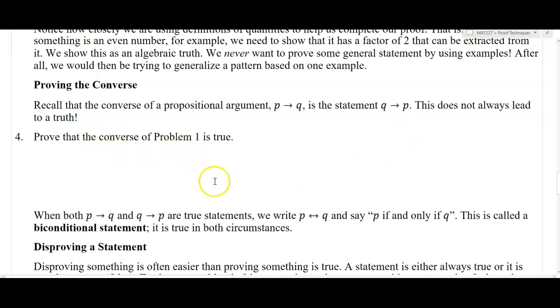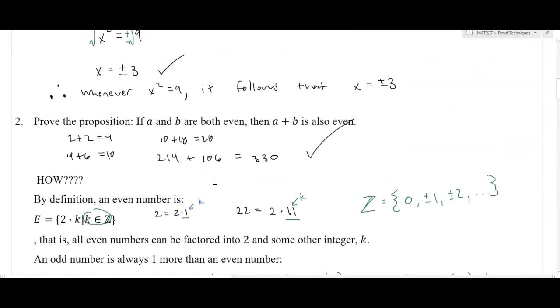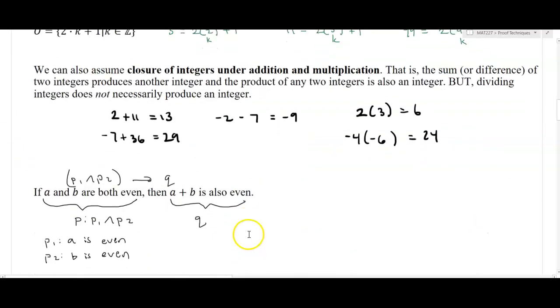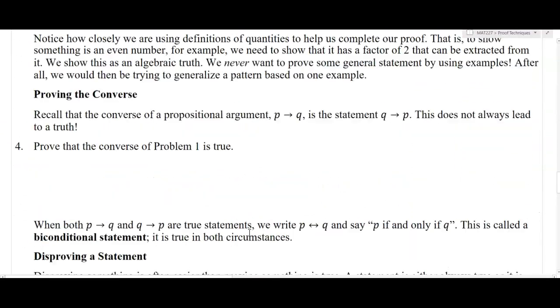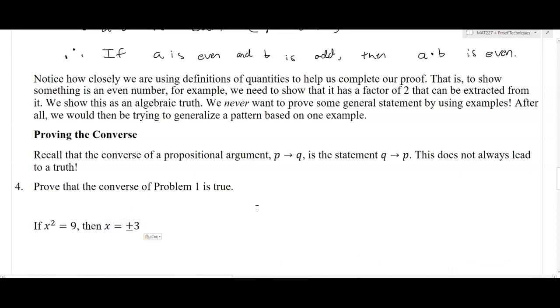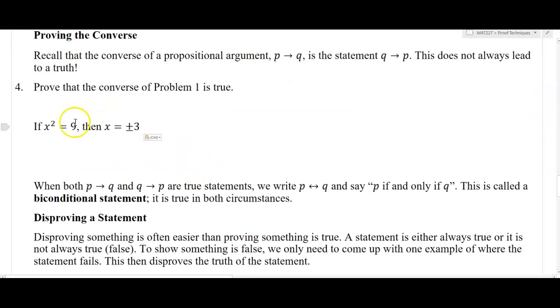So prove that the converse of problem 1 is true. So problem 1 that we had was if x squared equals 9, then x equals plus or minus 3. And to prove that converse, all we need to do is, once again, start off with our statement and rewrite the converse.